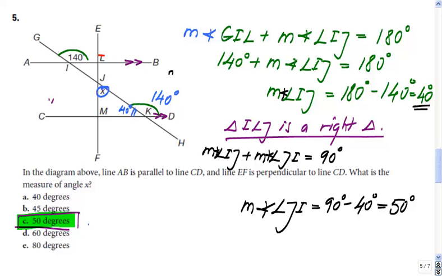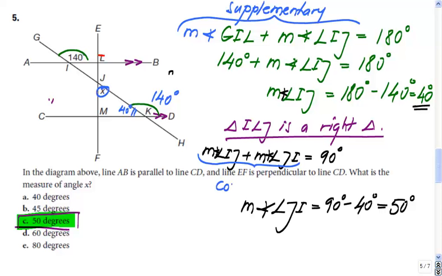And these add up to 90, which obviously makes my X 50 degrees. Here is the correction: these are supplementary, and these two here are complementary.